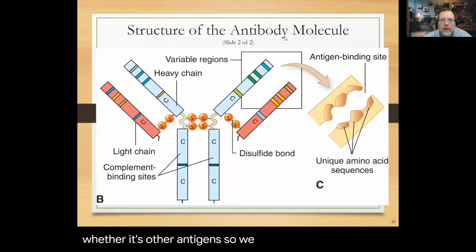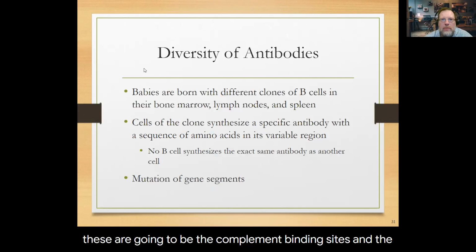So we look at an antibody, and again it's got your basic antibody Y shape. We've got some sulfide connections going on here, sulfur bonds. You can see the heavy chains. Again, these are going to be the complement binding sites and the antigen binding sites.